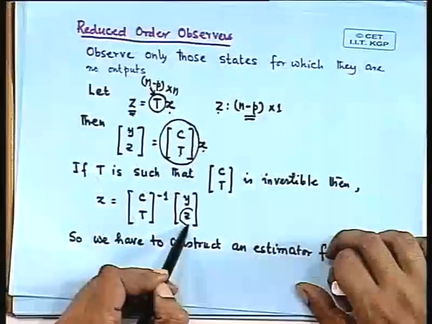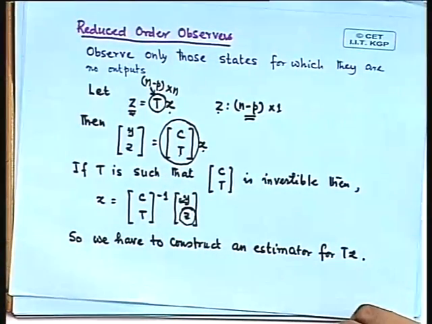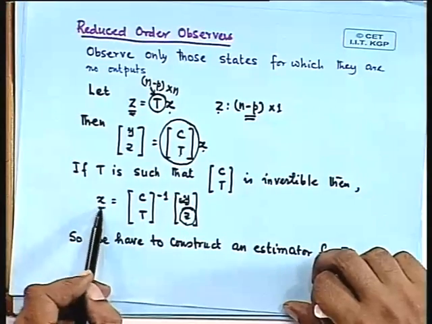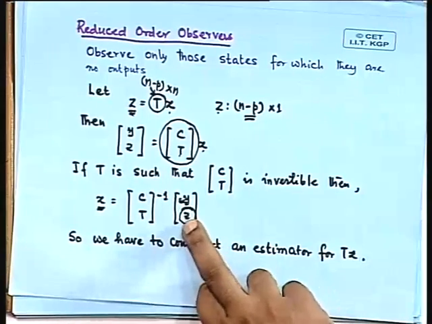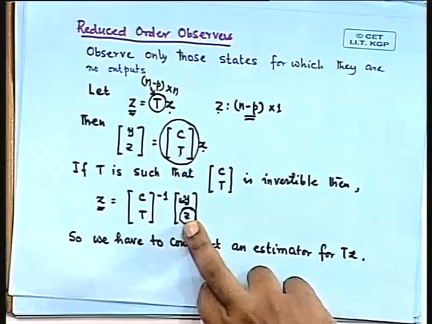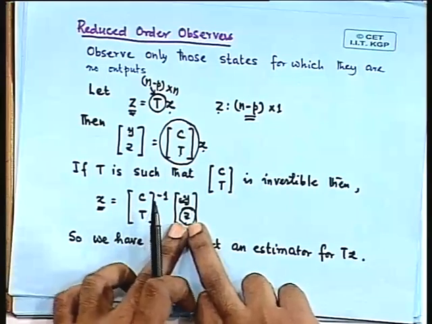You could get x. So if you can estimate this lower dimensional thing, this you already have, you do not have to do anything for that. So you estimate this lower dimensional thing and then from there you can get x. So the estimator only needs to have n minus p dimensions. So now the problem is how to construct an estimator for z.